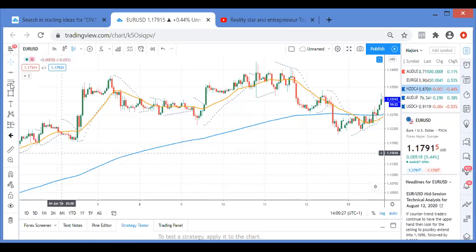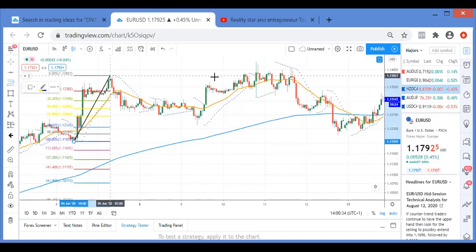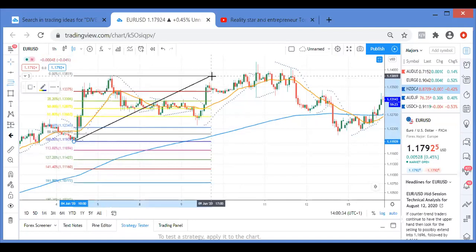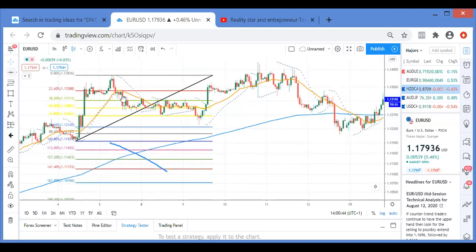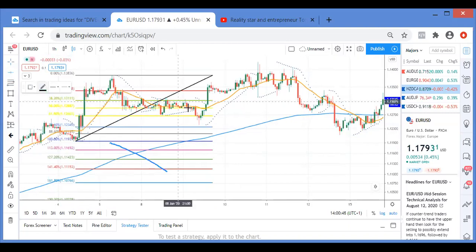Let me get my Fibonacci from this point to the highest point, which is this green wick. Yeah? Now watch this. Just watch this magic. So look, I pull it at my 50.